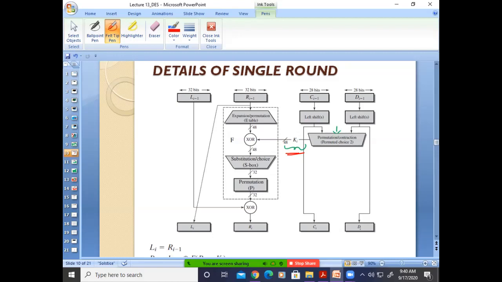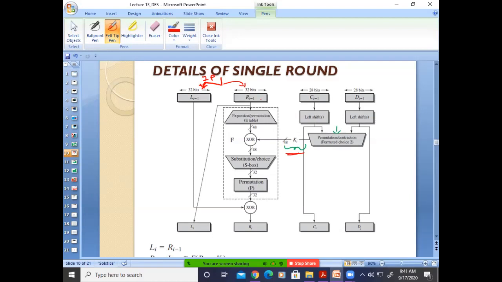Before converting into these 2 halves, the plain text has already gone through the initial permutation, remember? Then for L(i-1) we have to go for the XOR, but for the XOR, the right side portion and the K bits will come.